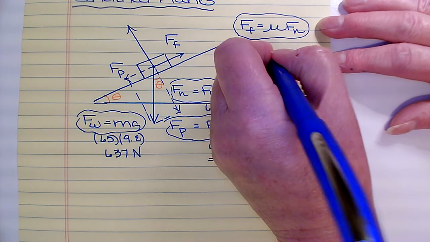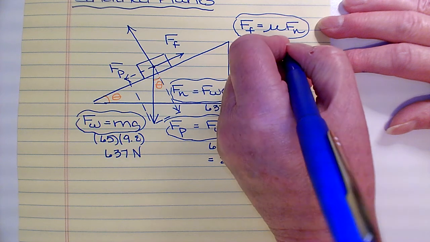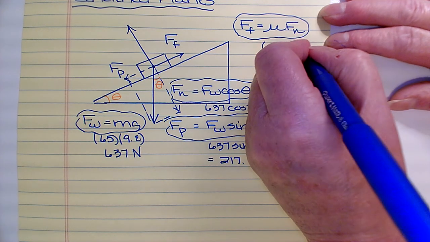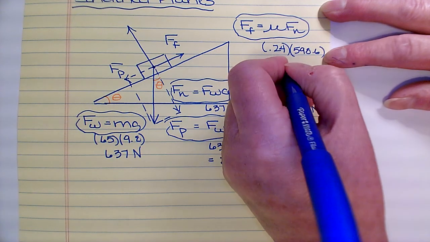And then the friction is equal to the coefficient of friction, which in this problem is 0.24, times 598.6.